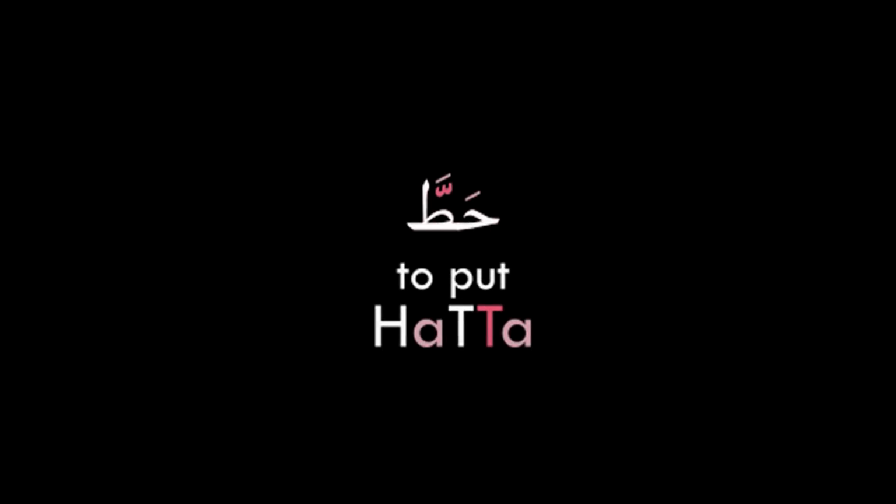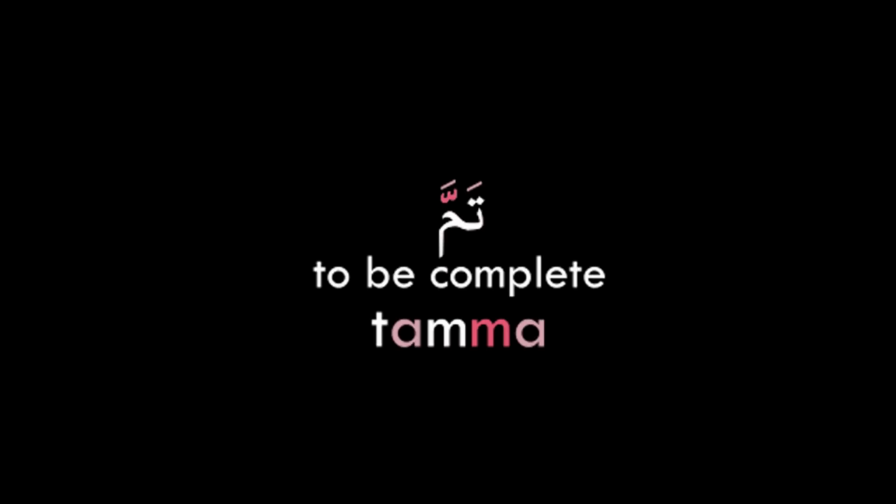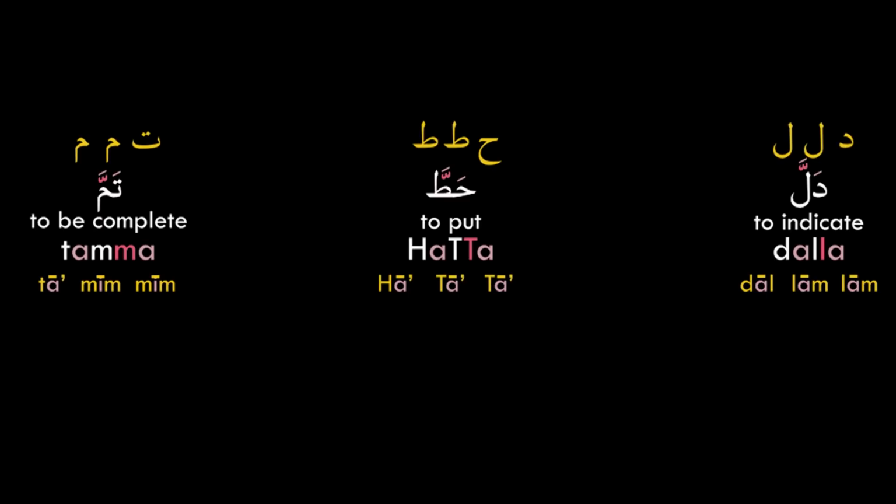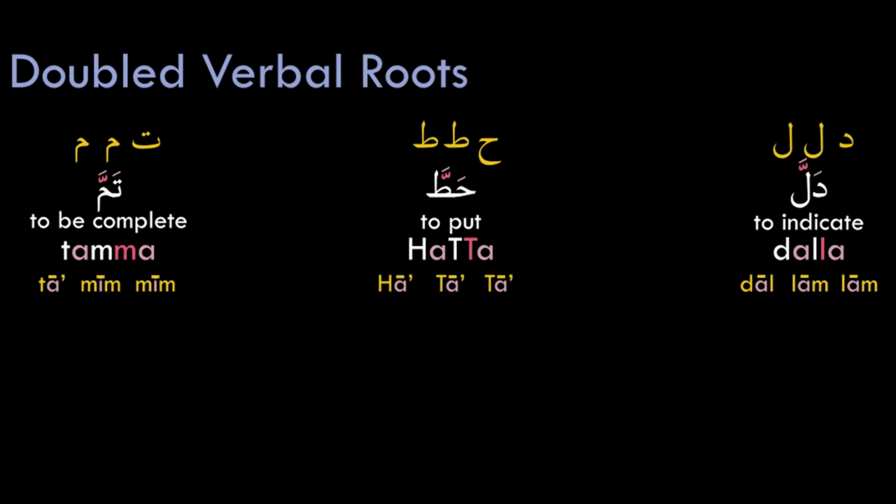The root letters are ha, ta, and ta, or tamma. The root letters are ta, mim, and mim. We have one root letter that is repeated twice at the end. That's why we merge them under a shadda. We call this type of verbs doubled verbal roots, الفعل المضاعف.